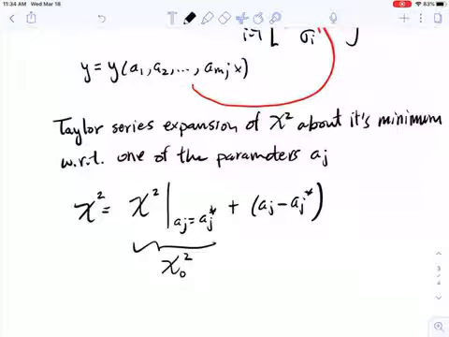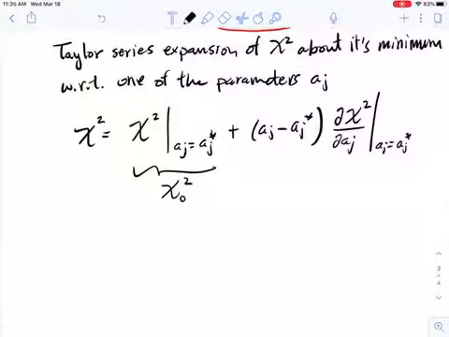Often you would expand a function about 0, but we're not doing that this time, so we have an aj minus our expansion point, aj star. And then it says take the derivative of the function, which in our case is chi-squared, with respect to your variable, which is aj, and then after you've done the derivative, evaluate it at aj star.